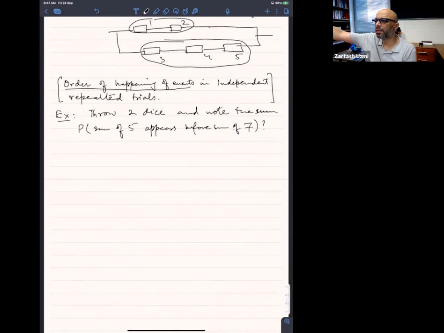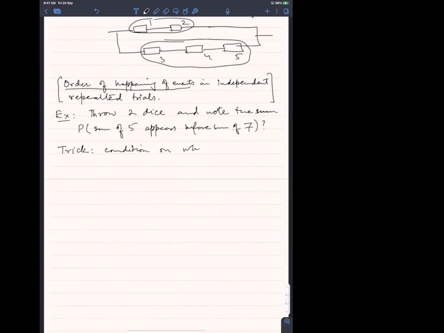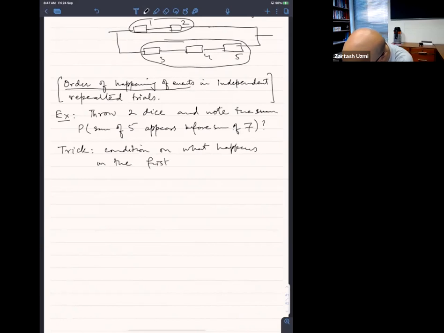If I'm asking you what is the probability of an event that happens later, so you condition on something. Okay. So the trick is to condition on what happens on the first toss, on the first roll or first throw.